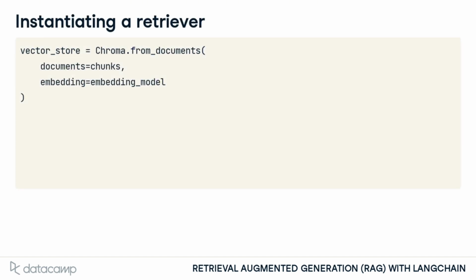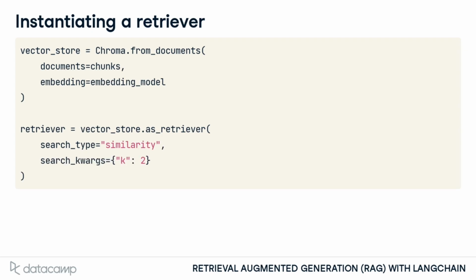Previously, we created a vector store from embedding document chunks and using the .fromDocuments method. To convert this into a retriever suitable for our chain, we call the .asRetriever method on vector store. The arguments dictate what sort of search should be conducted during the retrieval: a similarity search in this case, and how many chunks to retrieve when queried, k, which is 2.